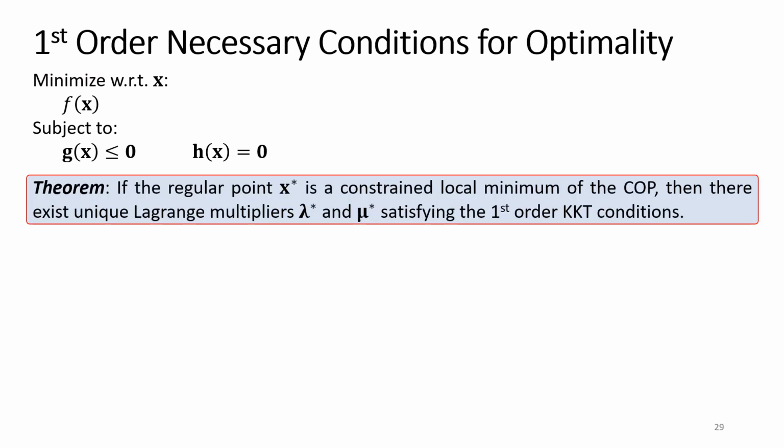Now we are in a position to list the conditions for optimality. So we are given the constrained optimization problem. Theorem: if the regular point x star is a constrained local minimum of the COP, then there exist unique Lagrange multipliers, lambda star and mu star, satisfying the first order KKT conditions.